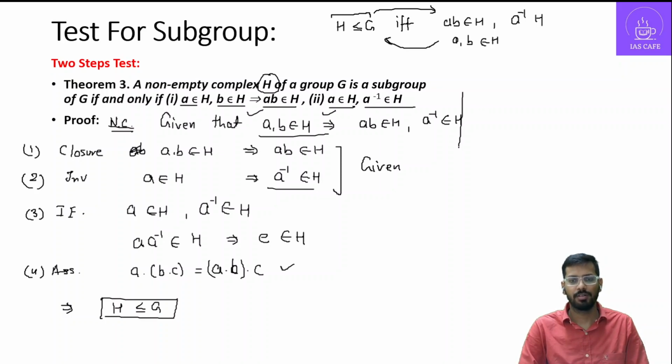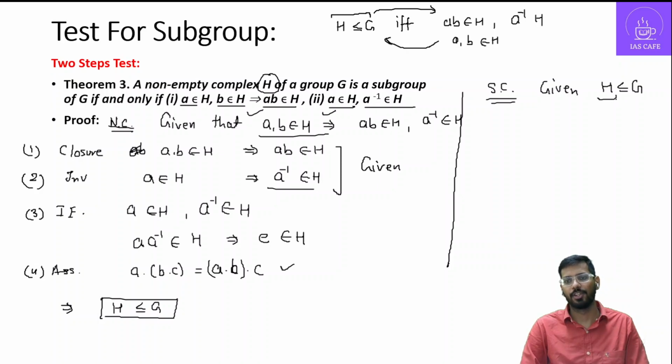Now we will go for the sufficient condition. That means given that H is a subgroup of G, from this we can say that H will satisfy all four basic properties of the group. That means by closure we can write AB belongs to H. That is first.